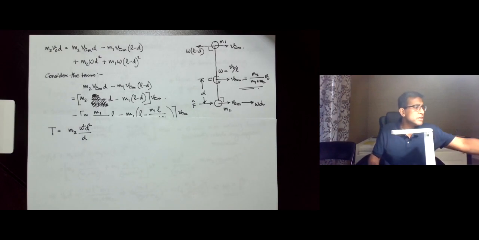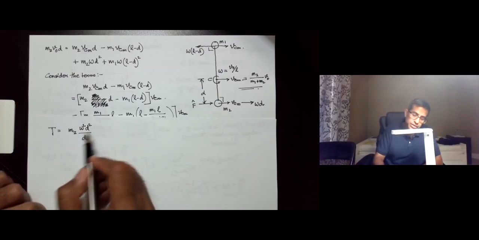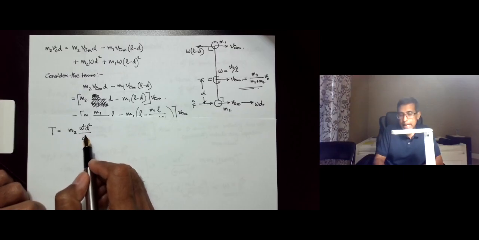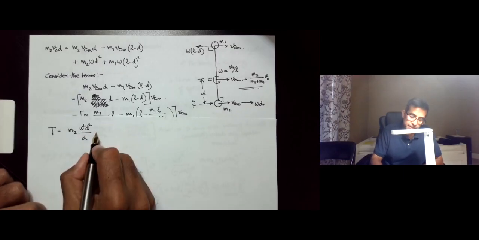Here omega is the rotational velocity, and d is the distance from the center of mass.